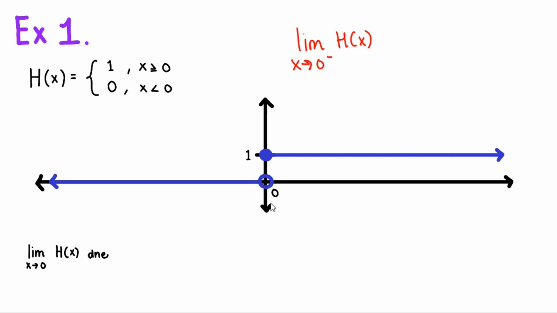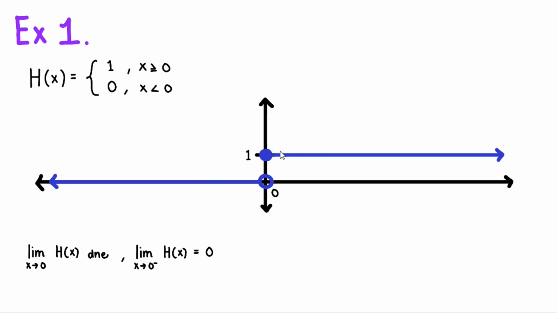From the left of 0, the function is out here. So the values out here are 0, since we have here h of x equals 0. Therefore, the limit of h of x as x approaches 0 from the left is 0.